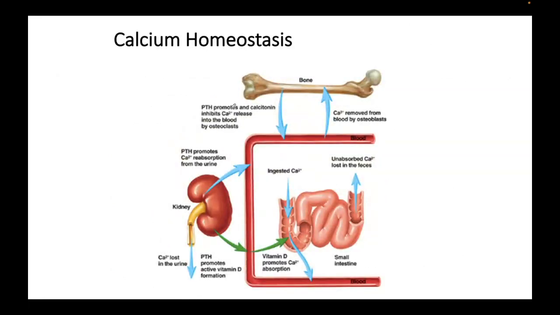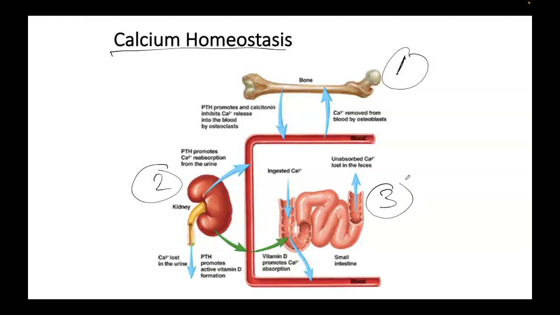Now, when we look at calcium homeostasis, the body can use the bones, the kidneys, or the intestines to either store, to pull, or to push, right?